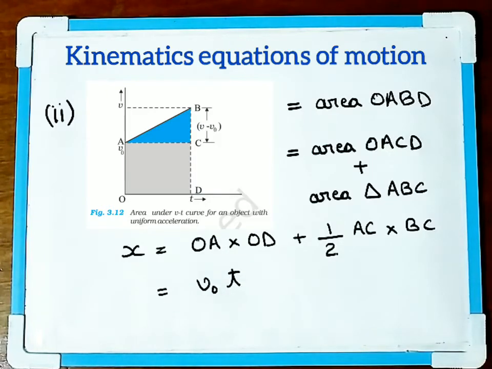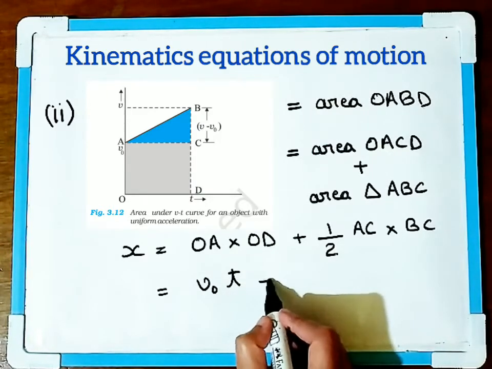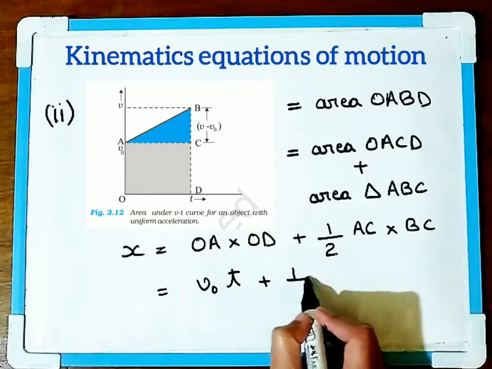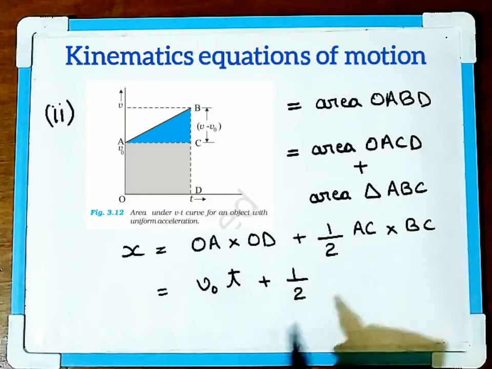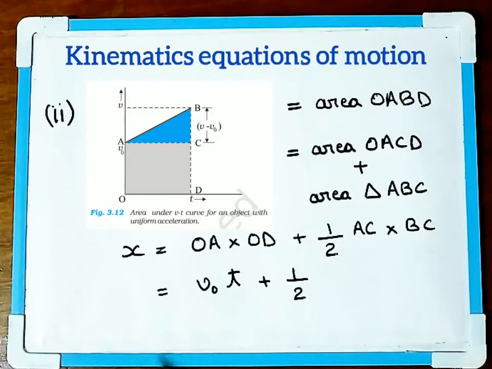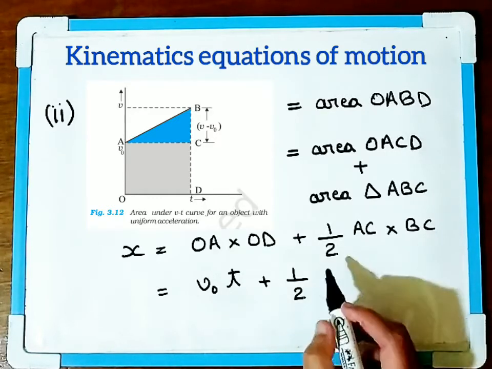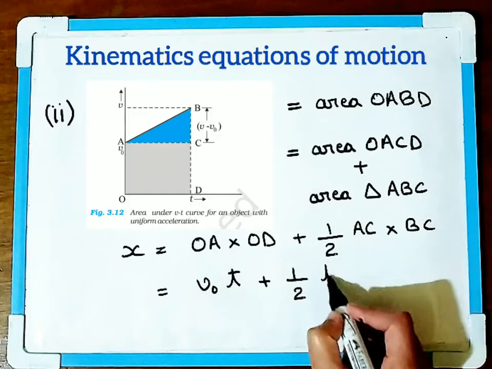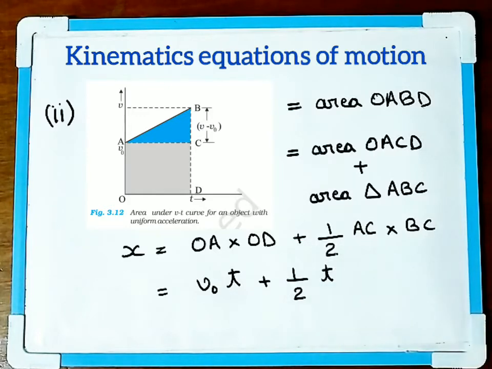So we have the displacement x equal to v0 t, plus half the area of the triangle, half AC into BC. Now AC from the diagram is t, and we can see that BD is equal to v and DC is equal to v0.